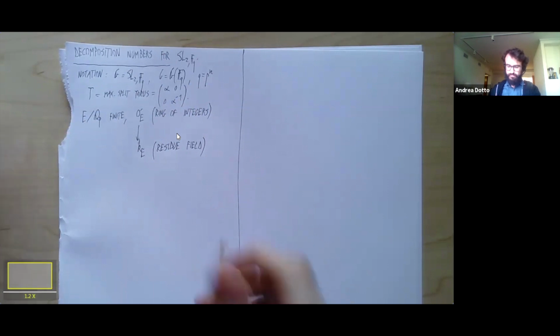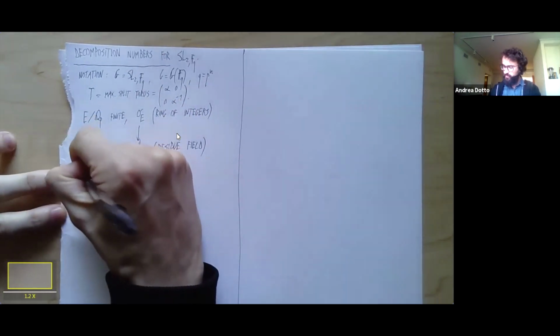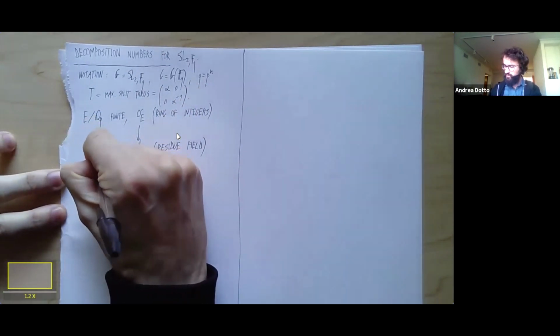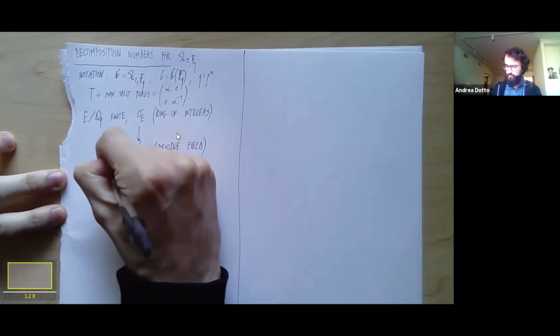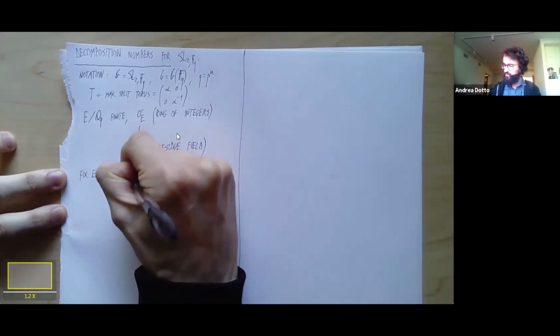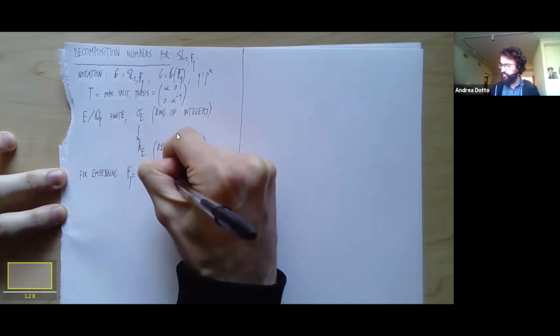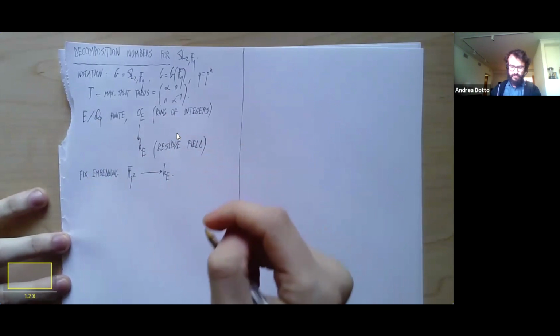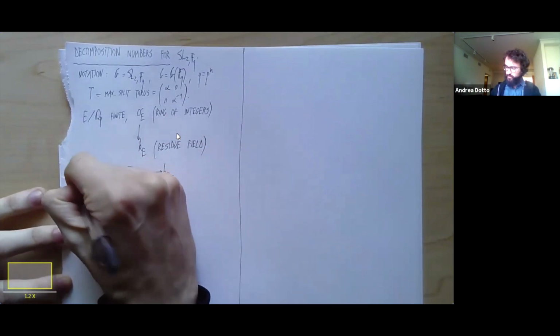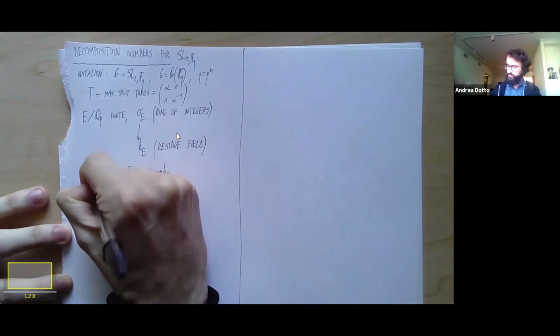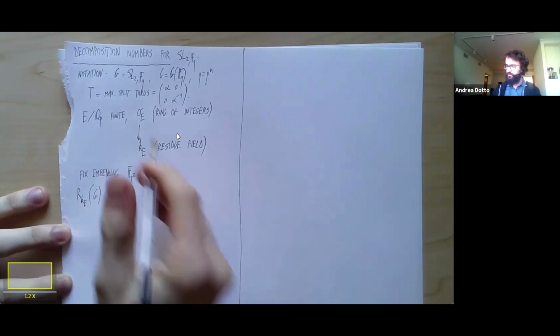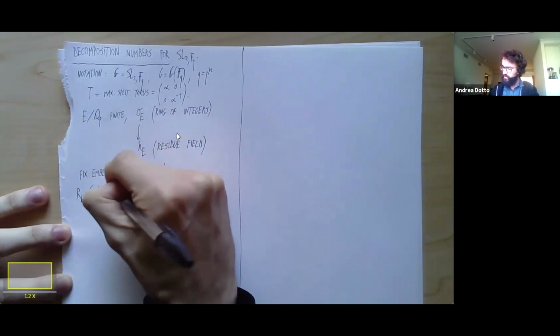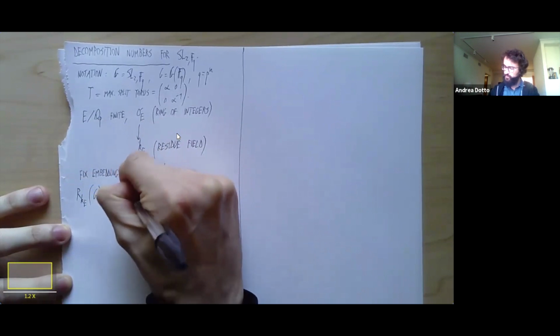One of the consequences of this is that I want to be able to fix an embedding of a quadratic extension of F_q, so of F_{q^2}, inside of k_E. This embedding is going to be fixed throughout the talk and is going to be the one that I use in order to define Brauer characters and so on. The last piece of notation that I need is R_{k_E}(G), and similarly for the other coefficients, for the Grothendieck group of finite length representations.